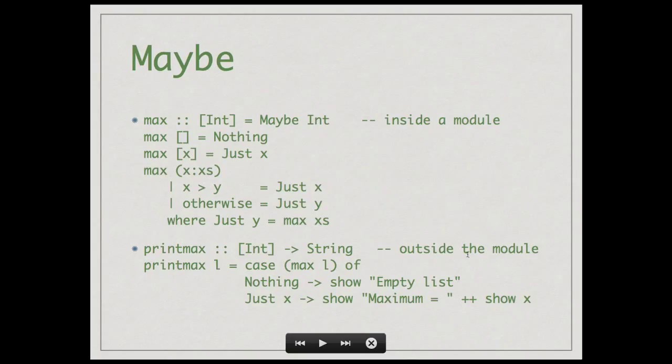And outside the module, we might have a routine like printMax, which takes a list of integers as input and produces a string as output. printMax of L is: in case max L is Nothing, then show the empty list. In case it is Just x, then you show "maximum equal to" plus show x.